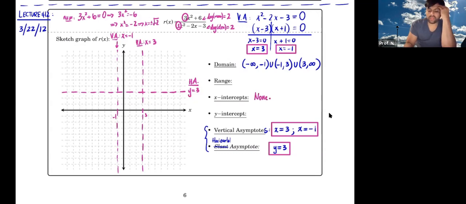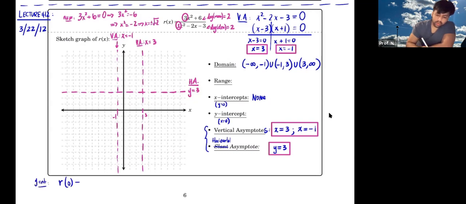And then the next question asks for the y-intercept. What is the y-intercept? I'm going to write this in blue. And remember, the x-intercept is when y equals 0. The y-intercept is when x equals 0. So what happens when you plug in 0? This is for the y-intercept.